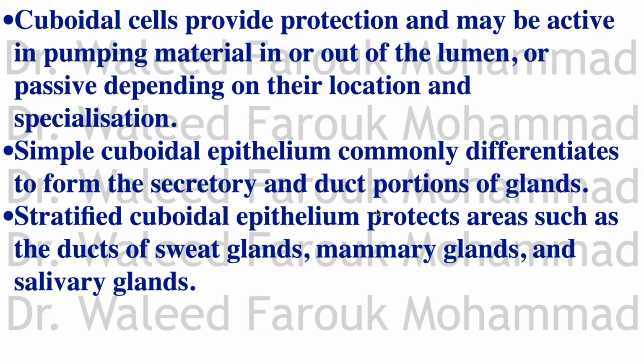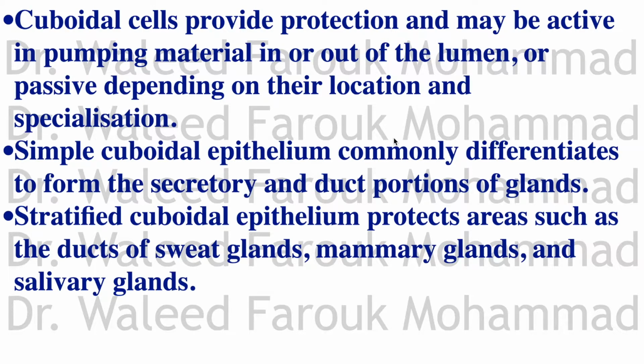Cuboidal cells, because of their size, are there for protection. Also, they may be active in pumping material in or out of the lumen, according to the location of these cells.